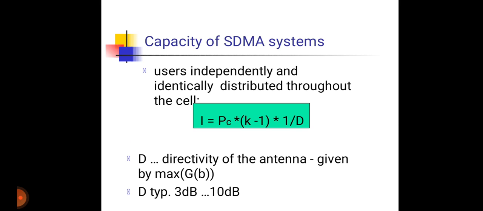The equation for this is I equals P_c times (K minus 1) times 1 divided by D, where D is the directivity of the antenna given by the maximum of G_b. D typically ranges from 3 dB to 10 dB.